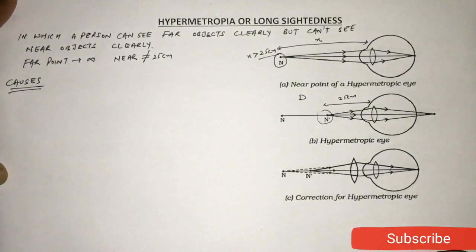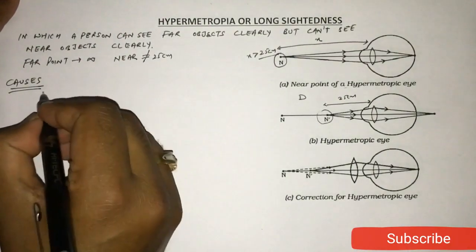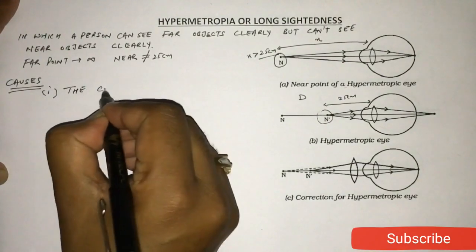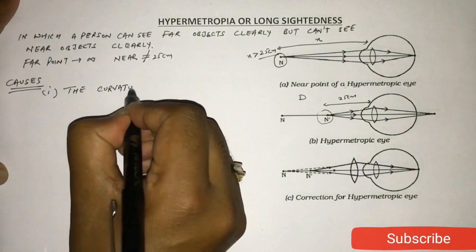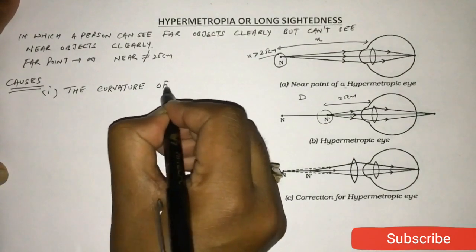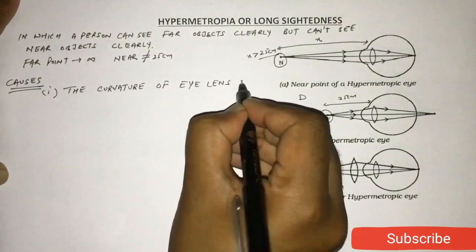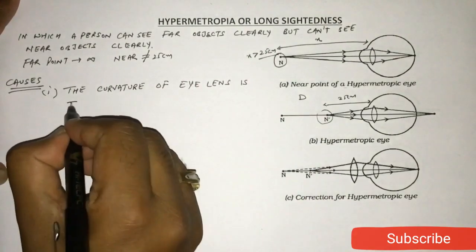Now, what are the causes of hypermetropia? So the first cause is the curvature of eye lens is too small.